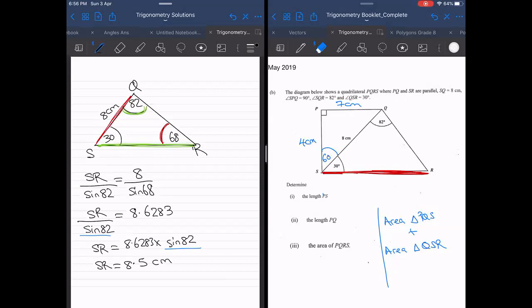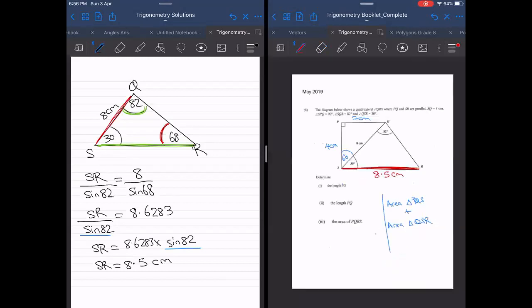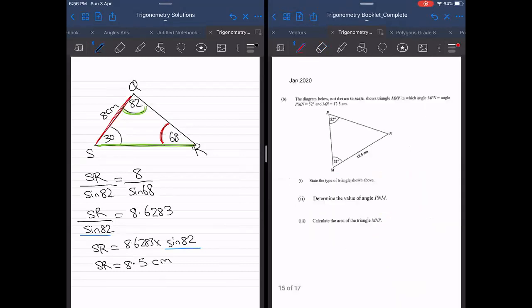All right, so we're gonna put everything together now that we know that this is 8.5. Let me see now the question that asks for the area.